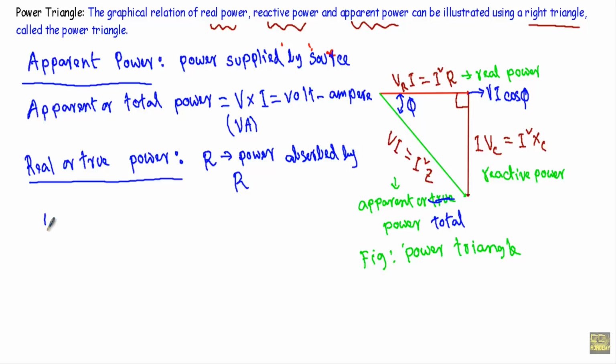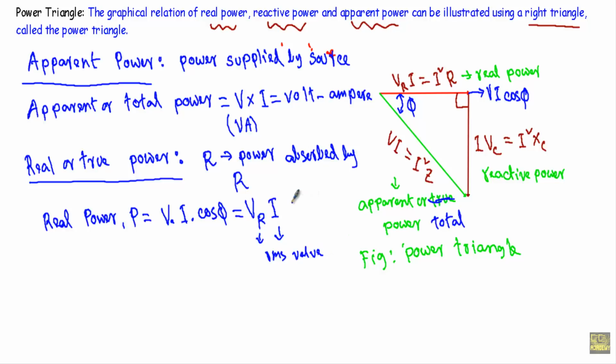Therefore you will see we will calculate real power of any alternating circuit by taking the RMS value of voltage into RMS value of current into cosine of the phase angle between voltage and current, or see here we have VR into I. VR is the voltage drop across the resistor, and this VR is an RMS value, this I is also an RMS value of voltage and current. The real power has a unit of watt.